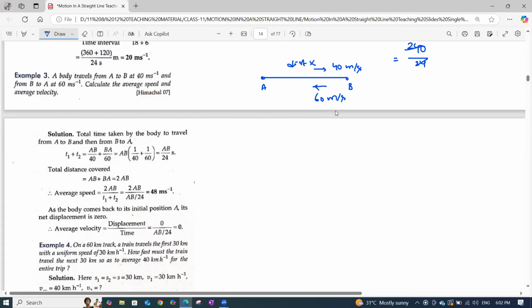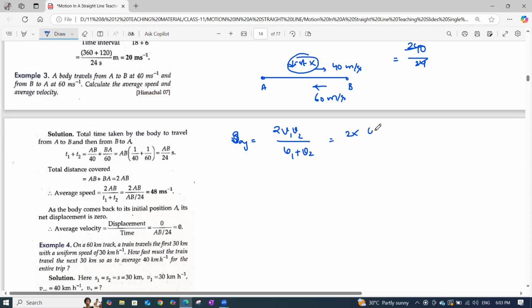So in this condition, what is average speed? We know the formula. If a body is moving with some velocity and coming back with some velocity, and if distances are the same, then the formula will be 2 V1 V2 upon V1 plus V2. So straight away you can substitute.